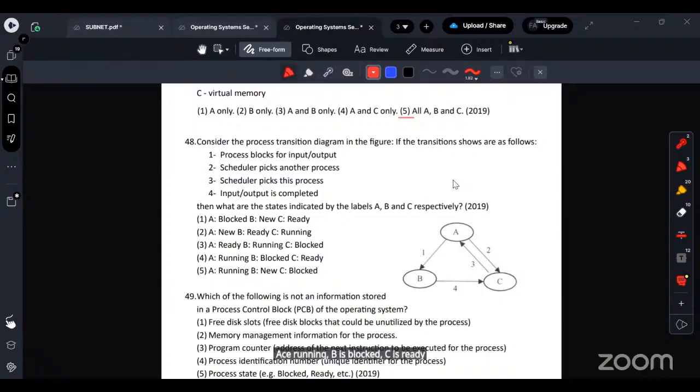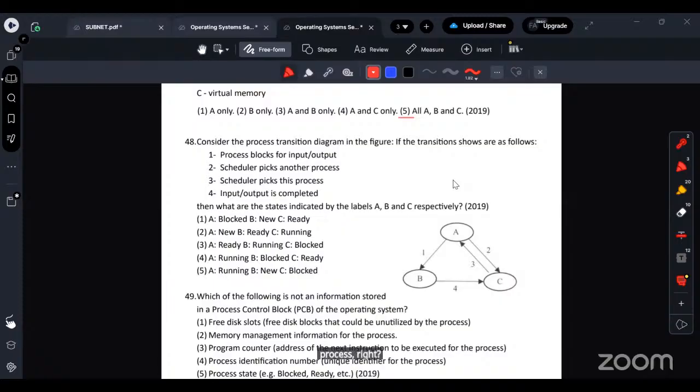So what happened? Running to blocked, what is happening is the process requires an input output operation and cannot continue, right? And in running to ready, means A to C, the scheduler preempts the process, right?